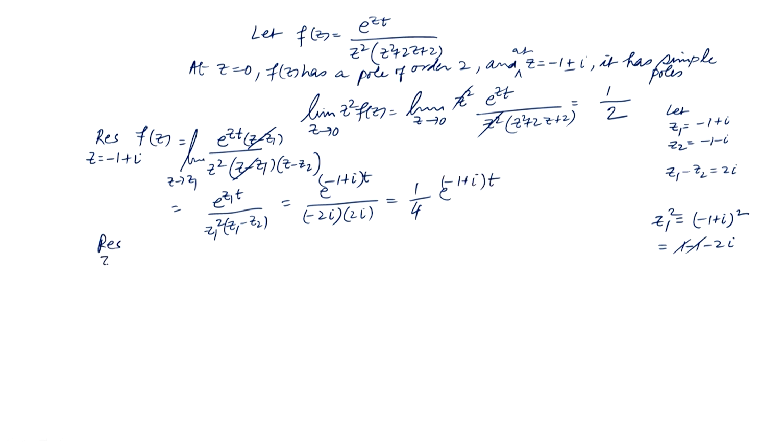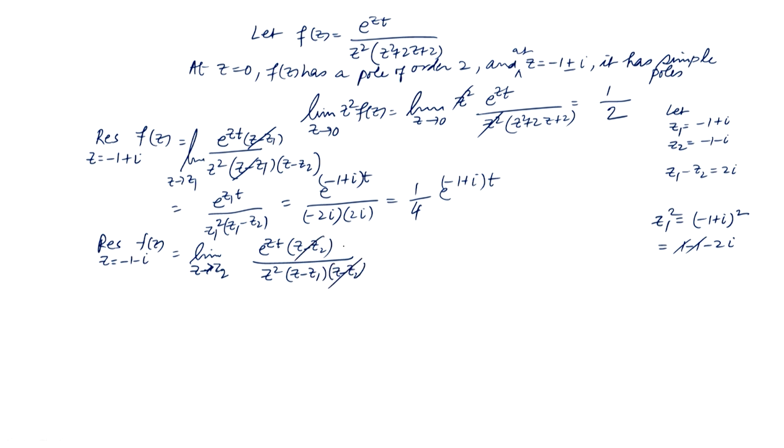z equal to minus 1 minus i, similarly, will be the limit as z tends to z2 of e to the power zt into (z minus z2) divided by z squared into (z minus z1)(z minus z2).